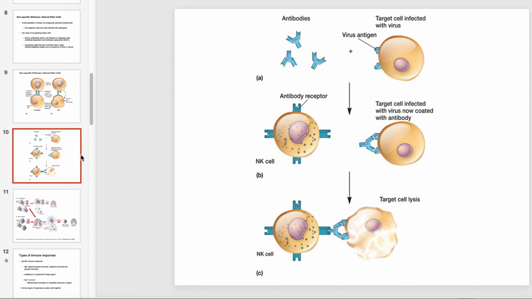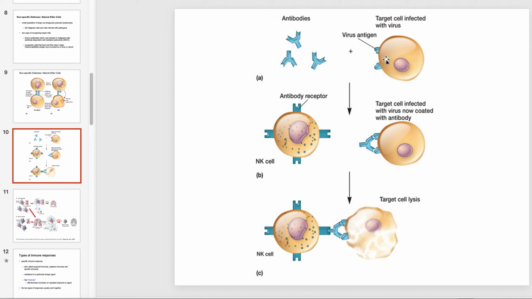So that's pictured here. In this particular case, the NK cell has antibody receptors on its surface, and so antibodies that are produced to a virus antigen on an infected host cell would bind to these guys. And so here's the virus-infected cell.